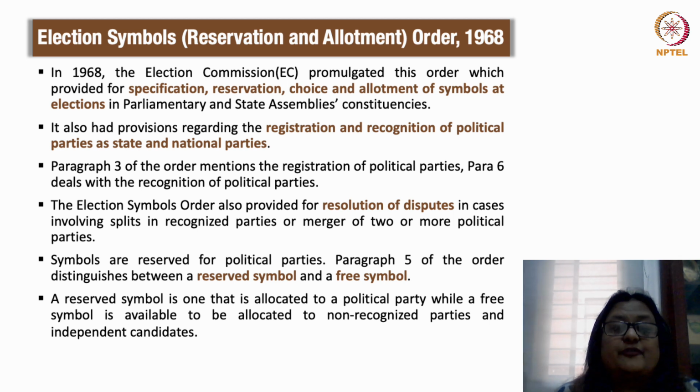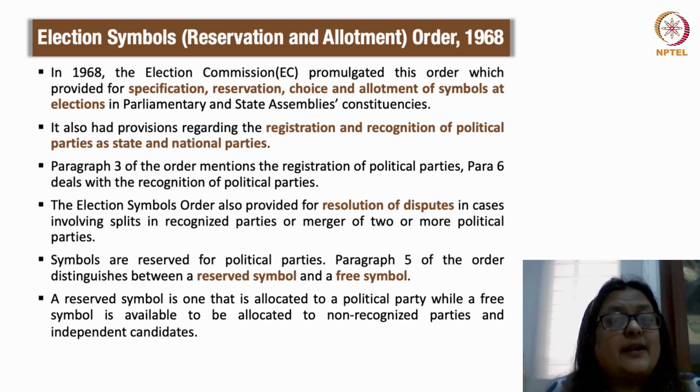Now, paragraph 3 of the order mentions the registration of political parties. It also mentions the recognition of political parties either as a national political party or as a state political party. Now, this Election Symbols Order also provided for resolution of disputes in cases involving splits in recognized parties.